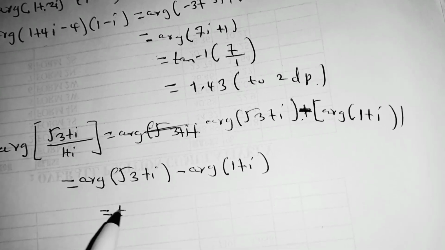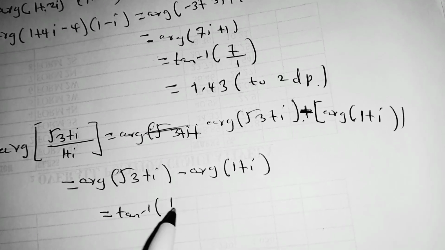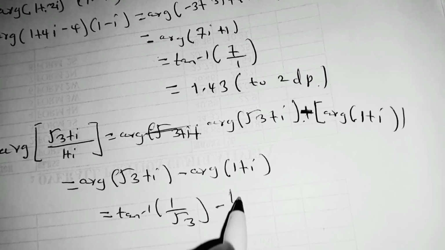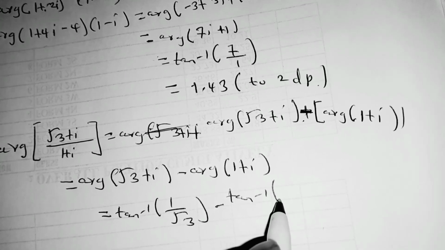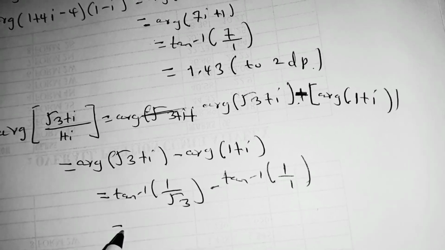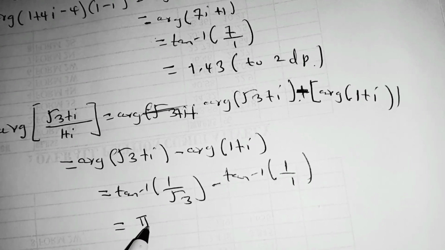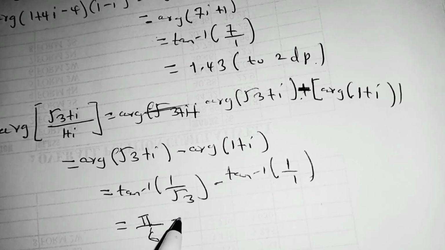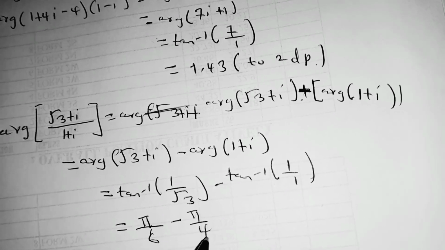This is the same as tan inverse of 1 over root of 3 minus tan inverse of 1 over 1, which is equal to, in terms of pi, pi over 6 minus pi over 4.